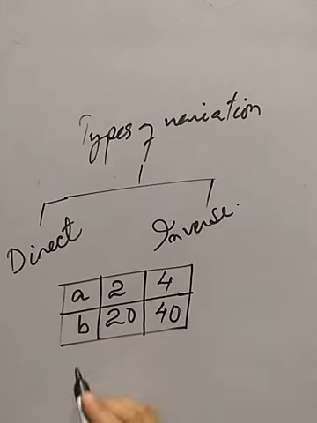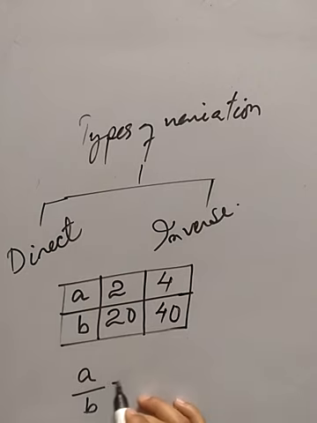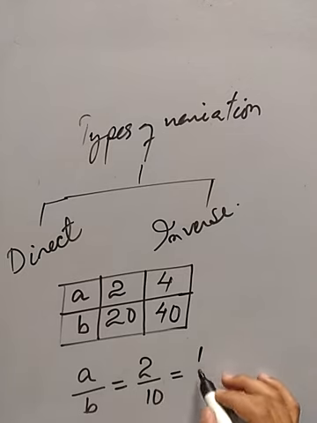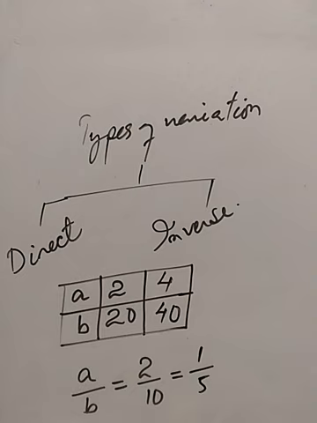That means when you find the value of A divided by B, the ratio of A and B, how much will we get here? 2 by 20, sorry, this is 20, so 1 by 10. Similarly you can find 4 by 40 also.